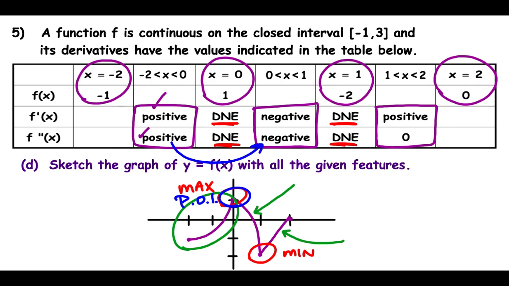We're going, in this case, from positive to negative. Now, this down here, this min, is not a point of inflection because you're not really changing signs. 0 is not considered to be a sign change from negative. So there is only one point of inflection. And again, the second derivative does not have to exist for there to be a point of inflection. Corners and cusps are certainly eligible.